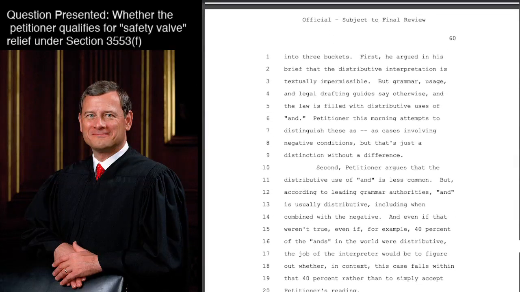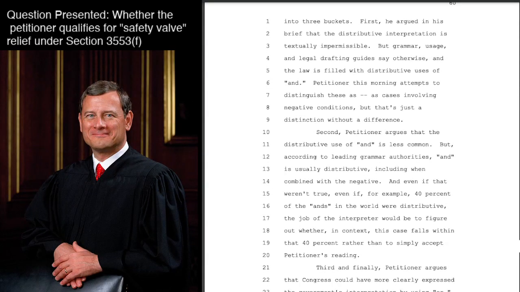Petitioner's counterarguments fall into three buckets. First, he argued in his brief that the distributive interpretation is textually impermissible, but grammar, usage, and legal drafting guides say otherwise, and the law is filled with distributive uses of "and." Petitioner this morning attempts to distinguish these as cases involving negative conditions, but that's just a distinction without a difference.